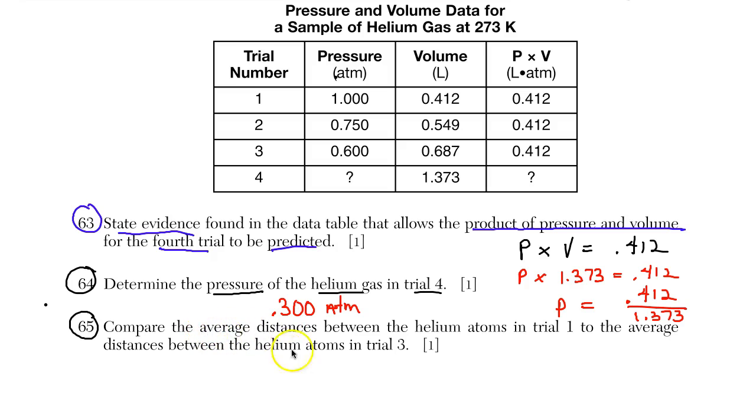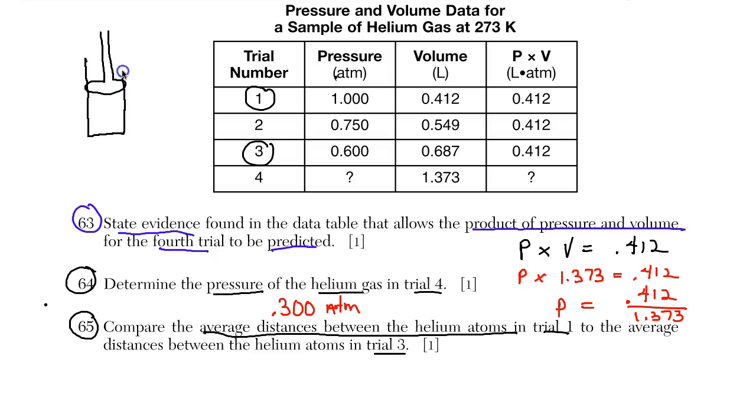So compare the average distances between the helium atoms in trial 1 to the average distance between the heliums in trial 3. So we're comparing these distances in 1 and 3. And so what's happening here is, if you remember, we have some sort of a piston pushing down on a cylinder. Remember that volume is the space that the gas exists in.